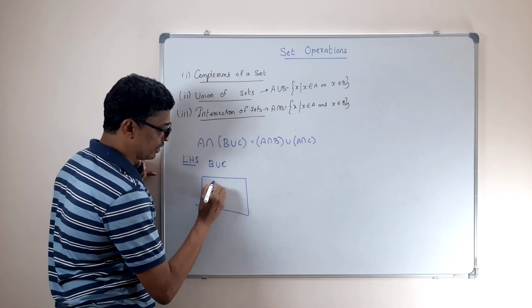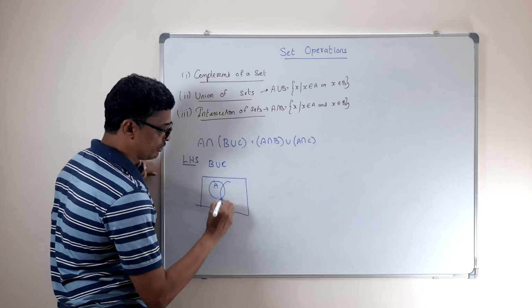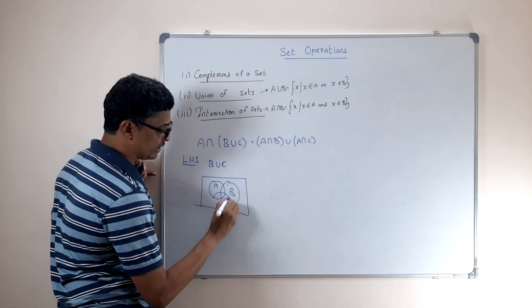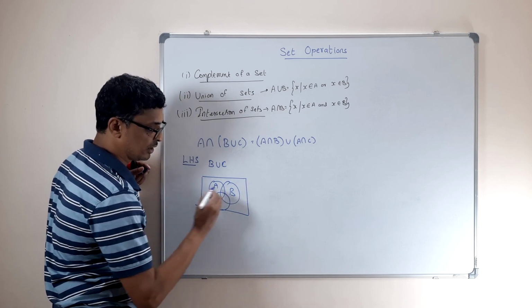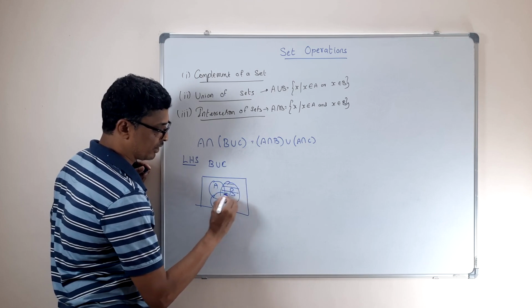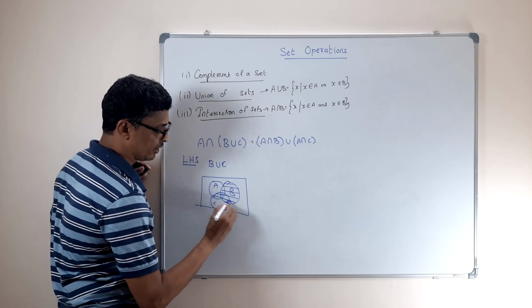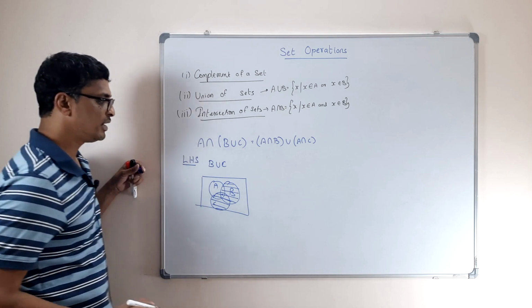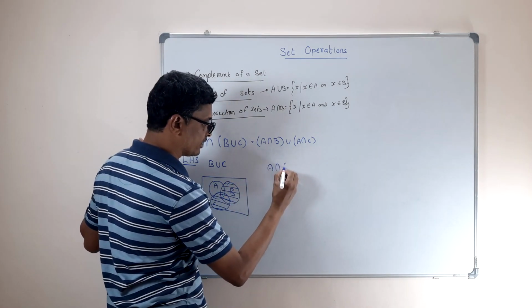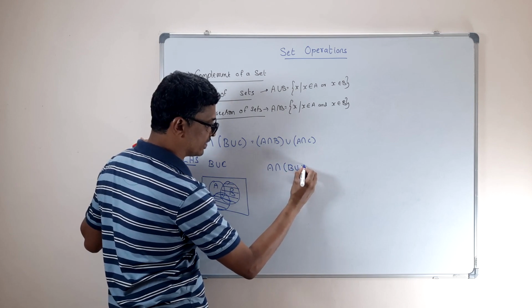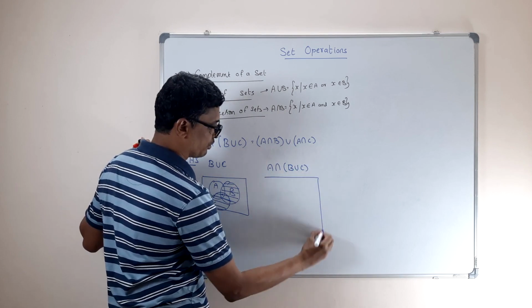So, B union C is what? Tell me. A, B and C. Okay. So, B union C is what? This. Am I right? And then we are going to say A intersection B union C. So, tell me what this will be.